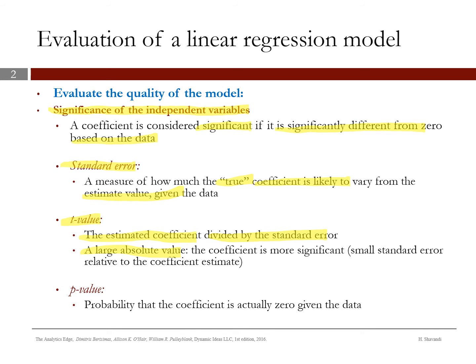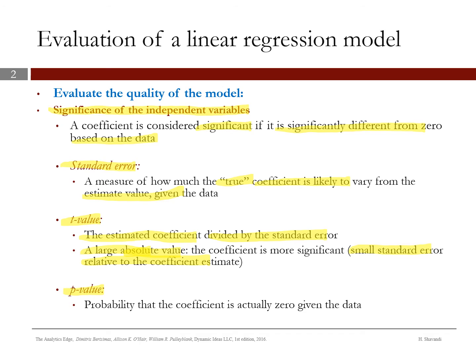This is why we say the absolute value. So a large absolute value will show that the variable is significant, because a large absolute value means having a small standard error relative to the coefficient estimate, right? And the third measure here would be the p-value.